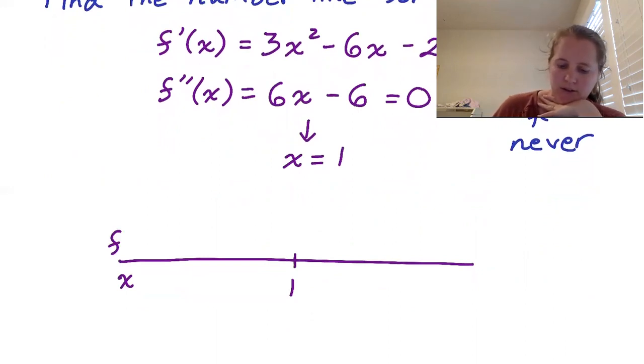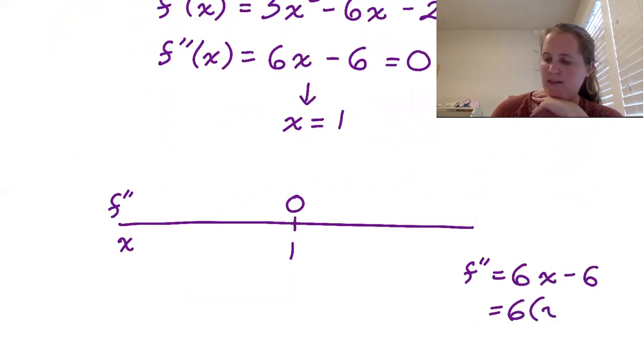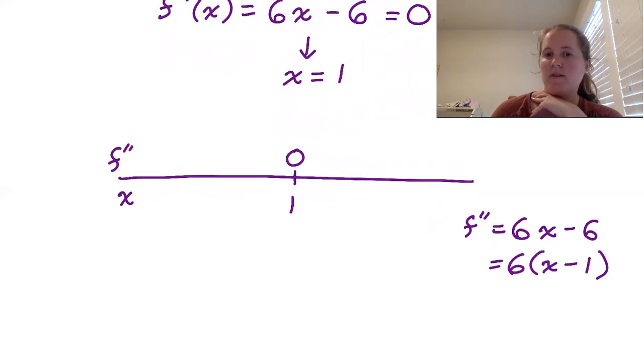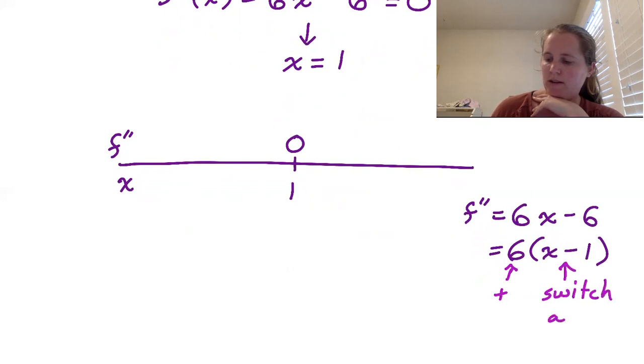Our second derivative was equal to 0. The second derivative, again, we're just looking at 6x minus 6, or 6 times x minus 1. So that 6 is always positive. And the x minus 1 will switch at x equals 1.